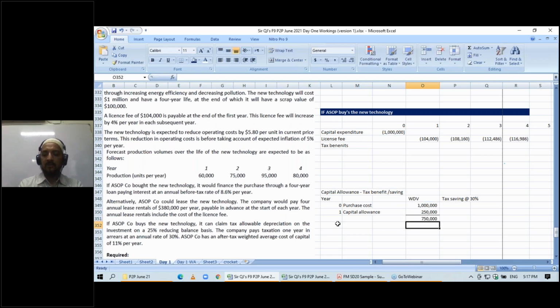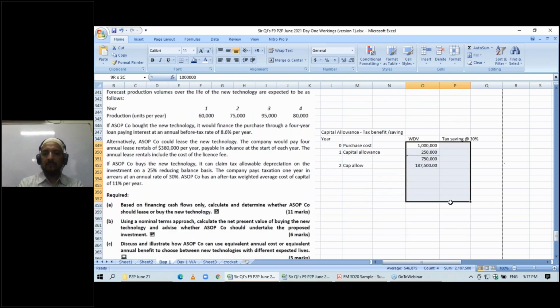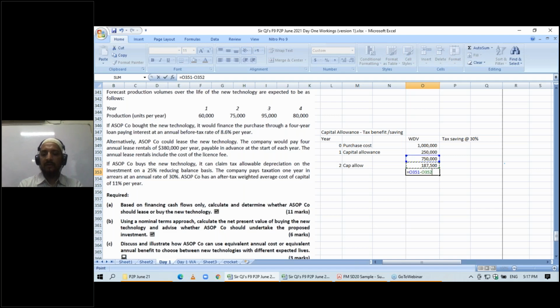And the next capital allowance, the second one, in the second year will be 750,000 multiplied by 25%. Now when you deduct this, you arrive at 750,000 minus 187,500.